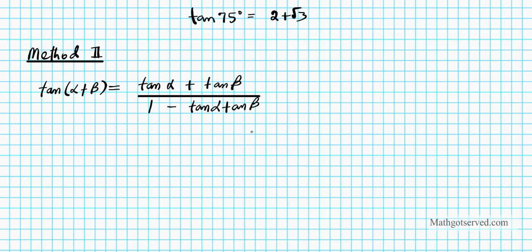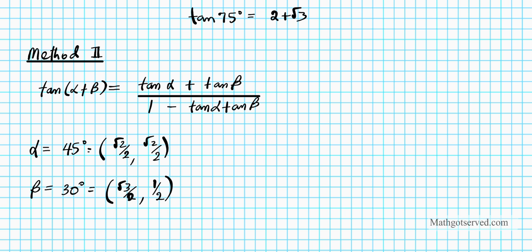Now alpha was established before to be 45 degrees, and using our unit circle, we know that the coordinates for that are root 2 over 2 and root 2 over 2. And then we knew that beta also is 30 degrees, which is root 3 over 2 and 1/2. Now how do you find the tan of alpha and the tan of beta?